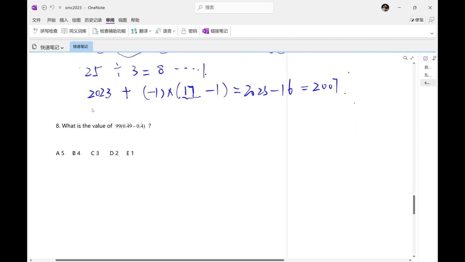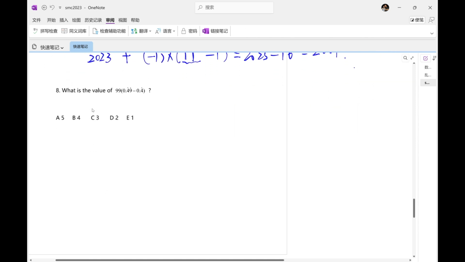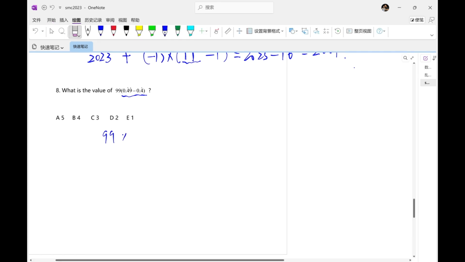Then we come to question 8. What is the value of 99 times 0.4949 repeating? So we can use an operation like this. If you want to get the correct answer, you should make a simplification.